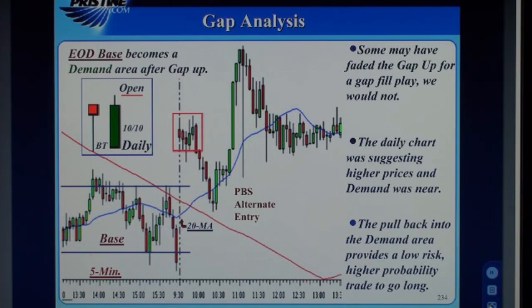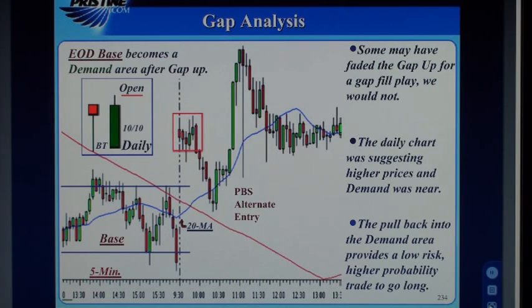Now as prices come up into the high of the day, in that red square, we really have no idea whether prices will stall there and begin to move down. But what we do have as part of our method is to trail prior bar's lows. That's our first reference point of support.